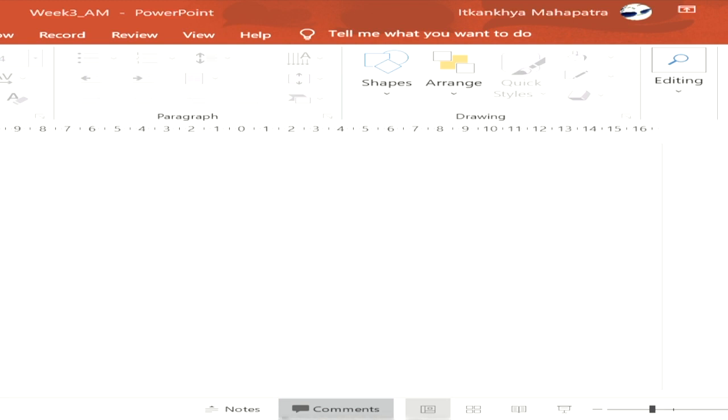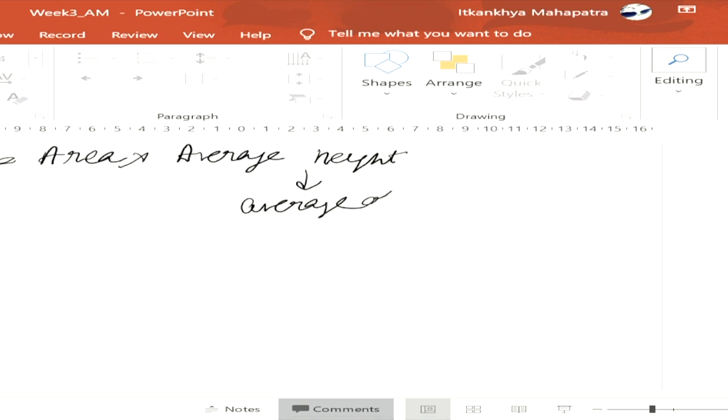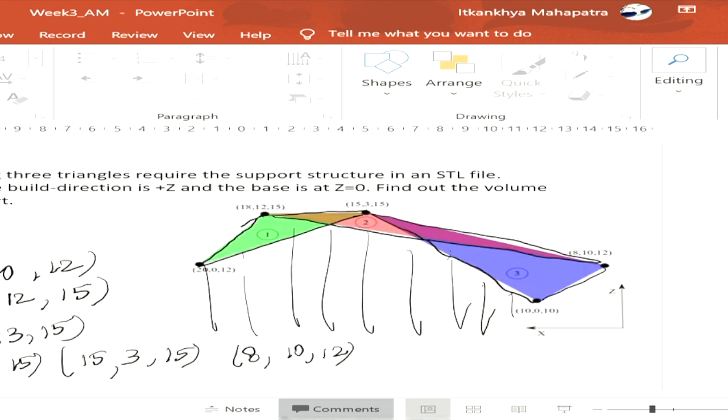Now volume is equal to area into average height. Now average height is the average of z coordinates. Now in case of triangle 1, the z coordinates are 12, 15 and 15.